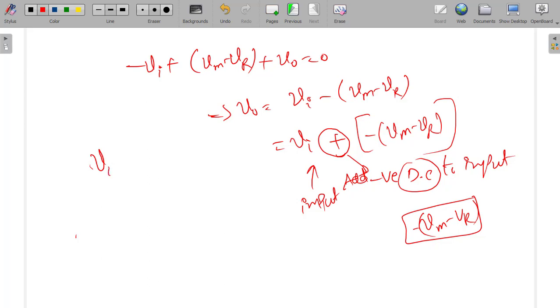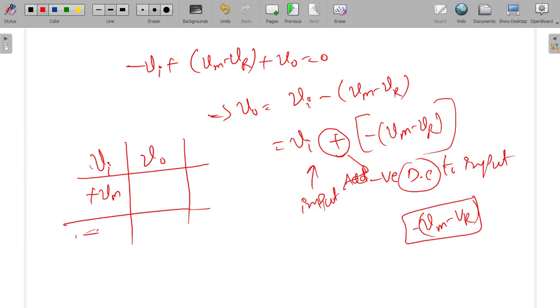I am redrawing the table here. Vi has two values, either plus Vm or minus Vm. Whenever Vi is plus Vm, from the KVL equation let us calculate the V0 value.